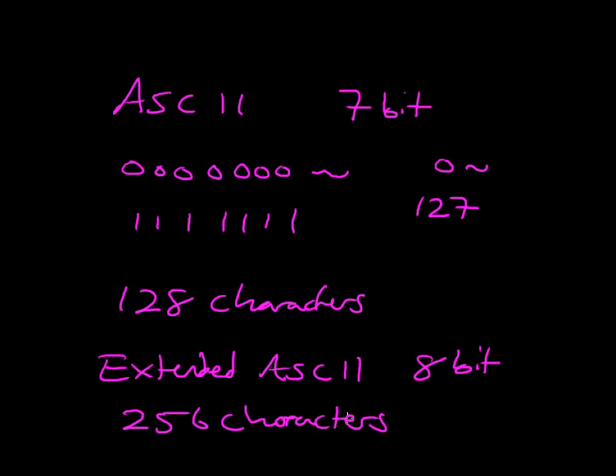Which sounds like a lot, but some languages, like Japanese and Chinese, have literally thousands of characters inside them. A typical Japanese person will probably understand around 3,000 to 5,000 characters, and Chinese possibly 30,000 to 50,000 characters. So these systems were not enough to store all of the characters that are available in the world.